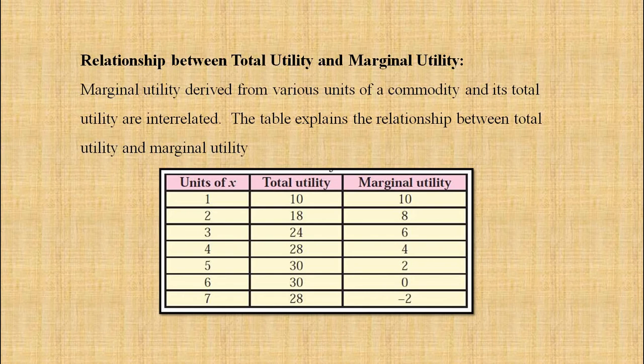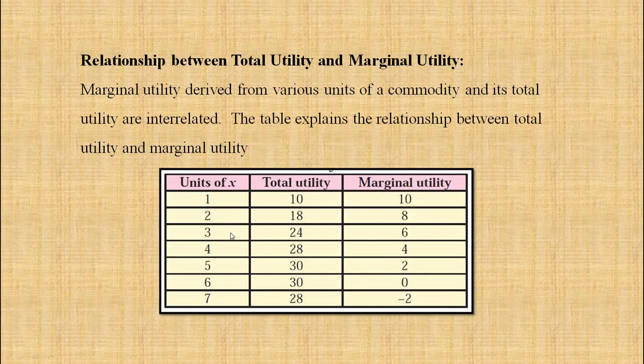These are all hypothetical, imaginary measurements. From the first unit of the commodity, total utility is 10, and marginal utility is also 10. From the second unit, it is 18. The difference between 10 and 18 is 8, so marginal utility is 8.